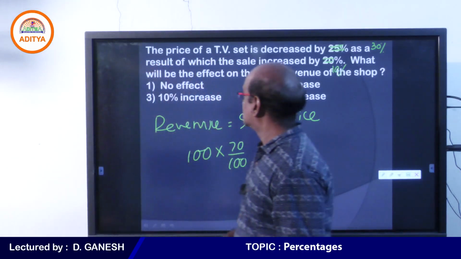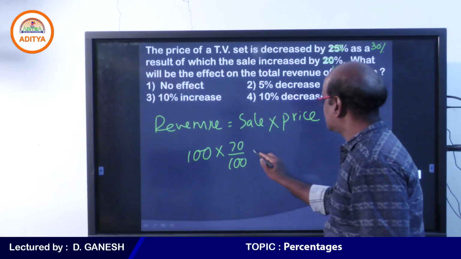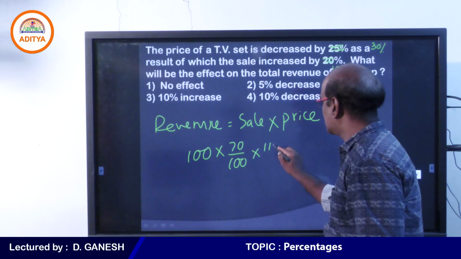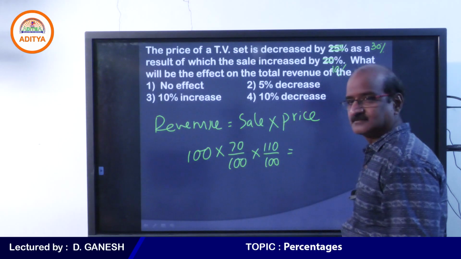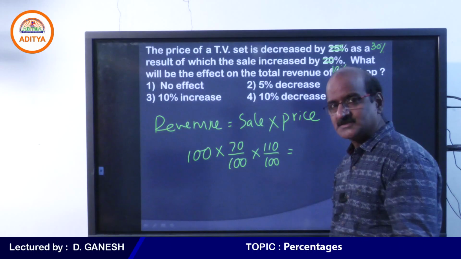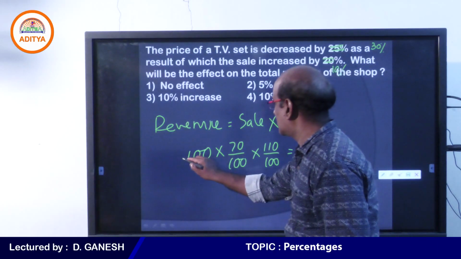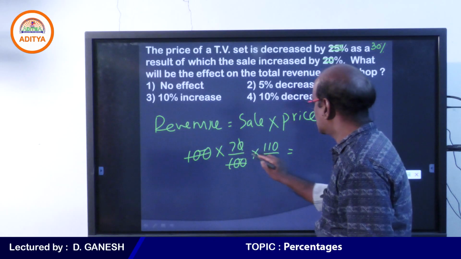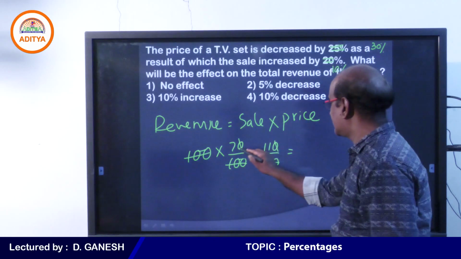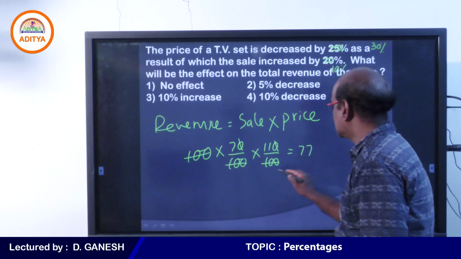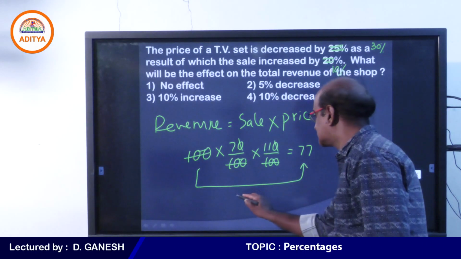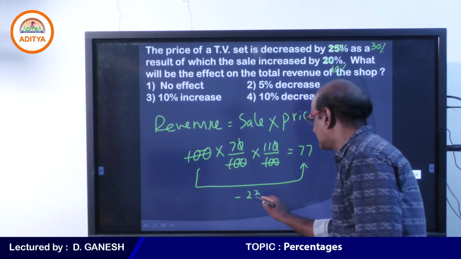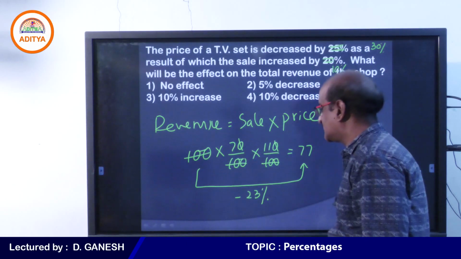And now the sale increases by 10%. You understand why 110? After having these two changes, 7 into 11 is 77. So the revenue which we thought of as 100 becomes 77. Therefore, we can see revenue decreases by 23%.